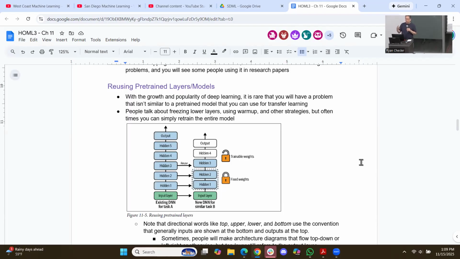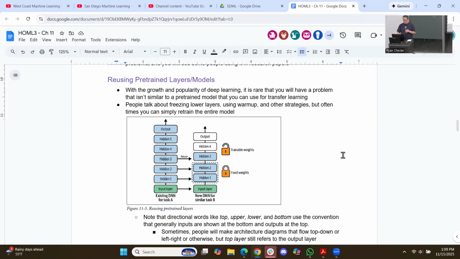The output layer might originally have been for whatever these different people categories are, and if we're doing cats and dogs, then we might put a binary classification head on there.